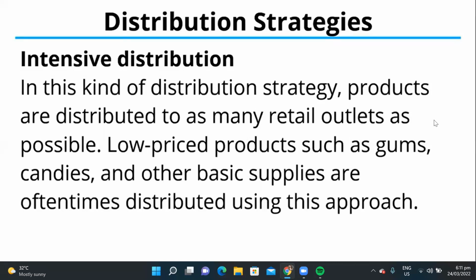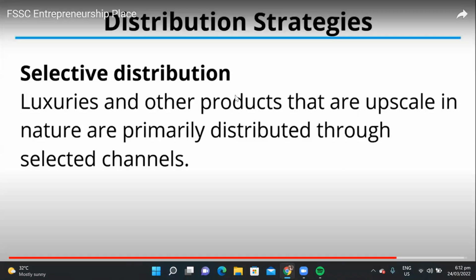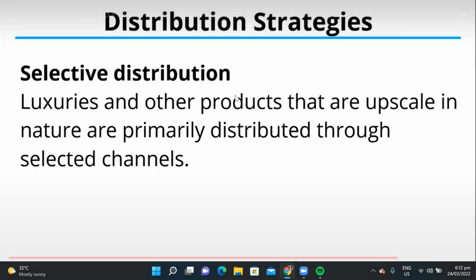Intensive distribution, in this kind of distribution strategy, products are distributed to as many retail outlets as possible. Low-priced products such as gums, candies, and other basic supplies are oftentimes distributed using this approach. Next is selective distribution. Luxuries and other products that are upscale in nature are primarily distributed through selected channels.